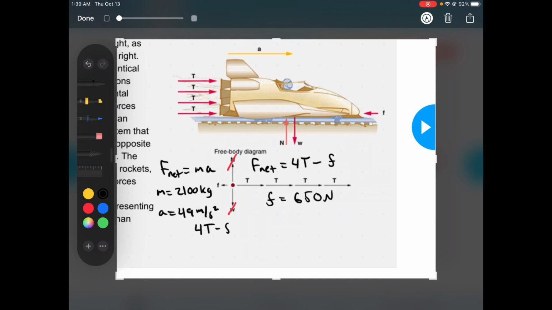So 4t minus friction is equal to mass times acceleration. You can write it the other way around too. I just like to keep the variable we're looking for on the left as much as I can. So plugging everything in, 4t minus 650 equal to 2100 times 49.